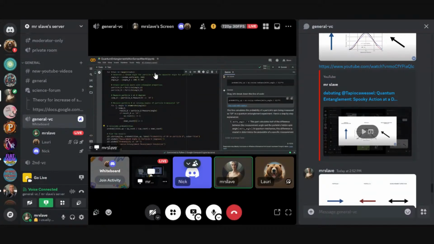Let me try to understand this. So it says plot angles, probabilities up. That's just a number.